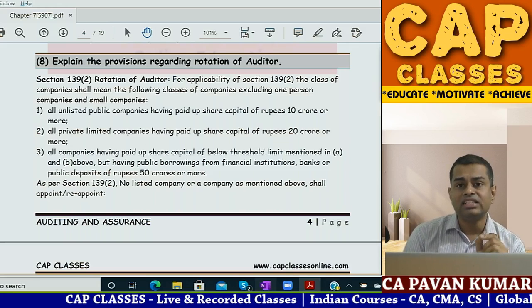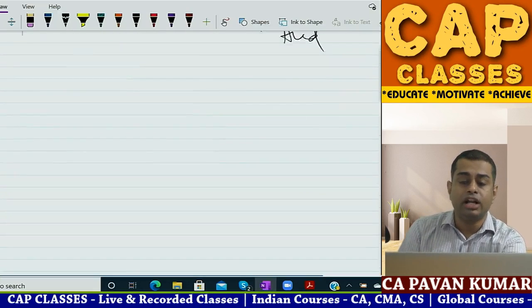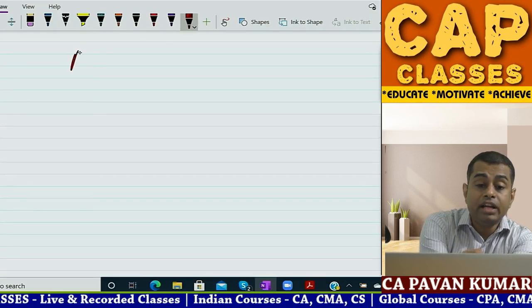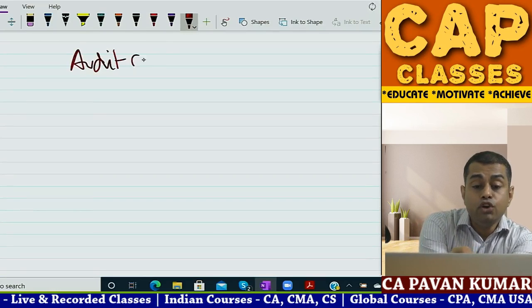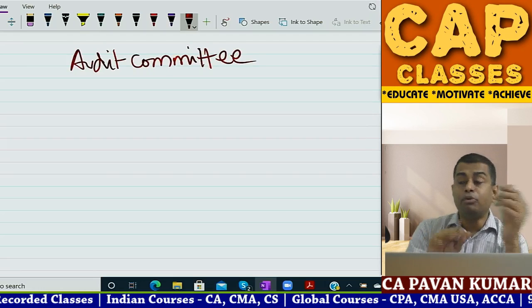First, try to understand the process of appointing auditor. If you have an audit committee, the audit committee will recommend. If you do not have an audit committee, then the board of directors will first propose the auditor.